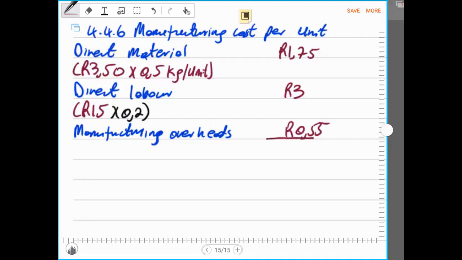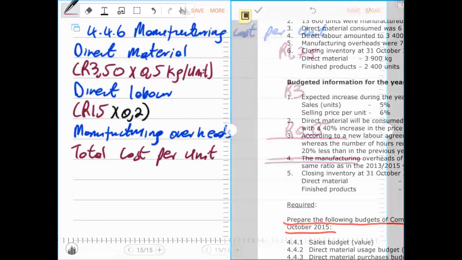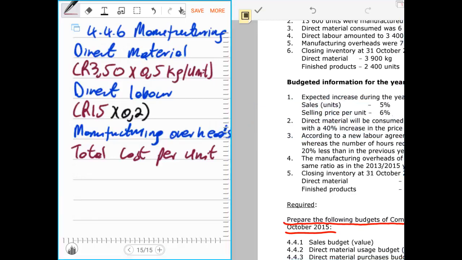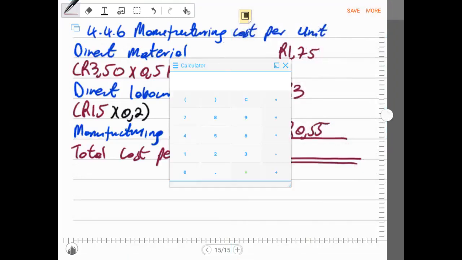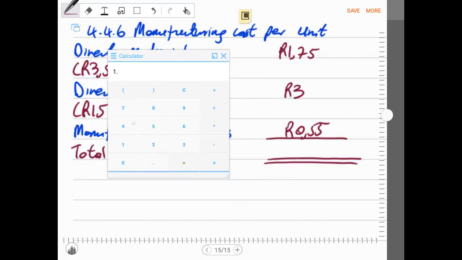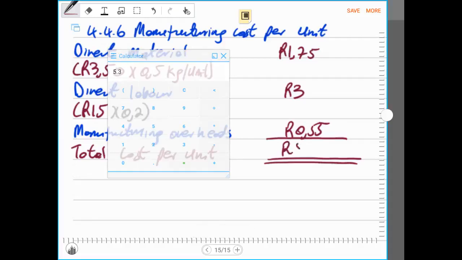From here we can draw the line, and that will give us the total cost per unit, which will be the sum of 1 rand 75 cents plus 3 rand plus 55 cents, and this will be 5 rand 30 cents.